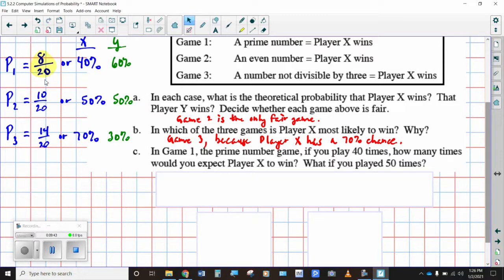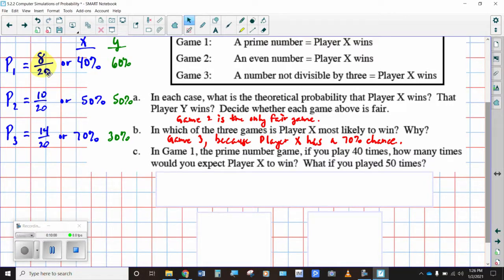That's what this probability literally means. It doesn't mean that they will only win 8 times. They could win 10 times. They could win 15. You never know because it's a random number generator that's coming up, okay? We expect it to be 8 out of 20.